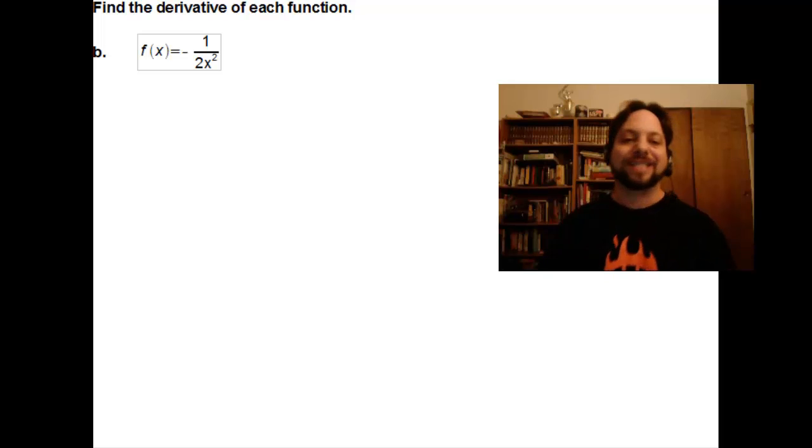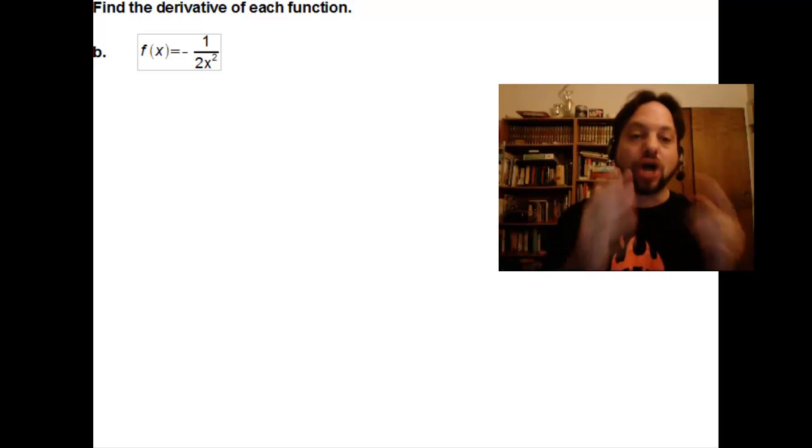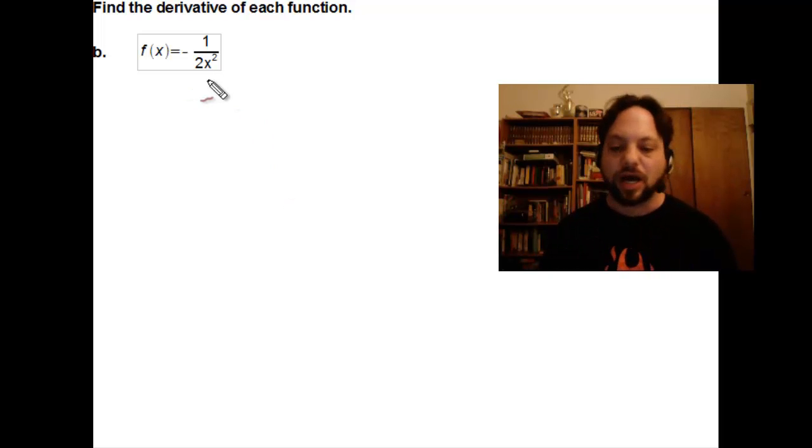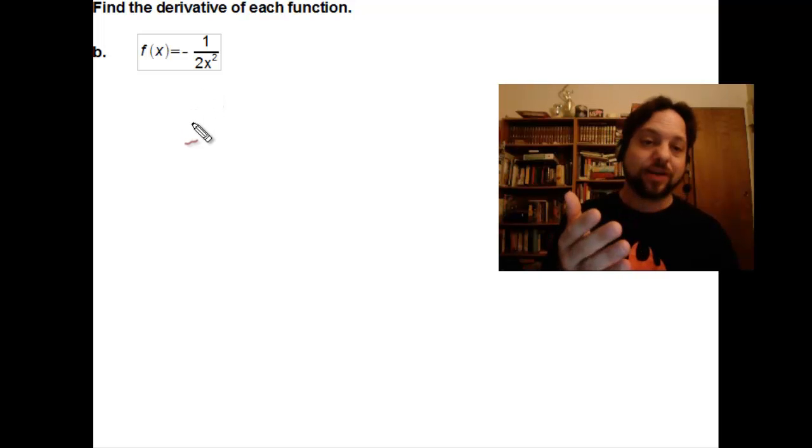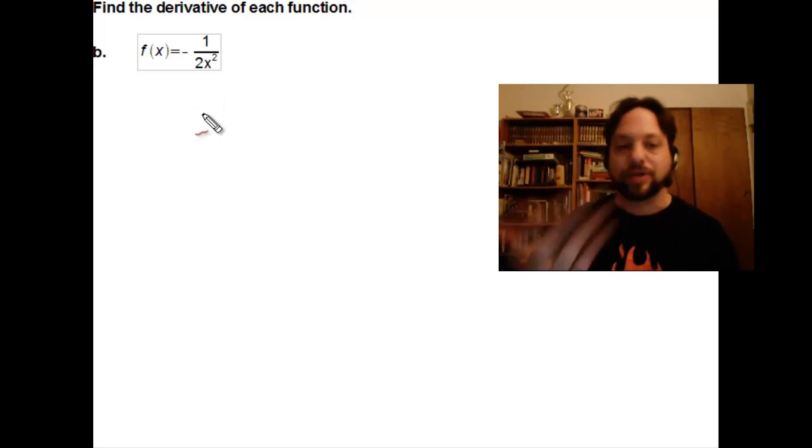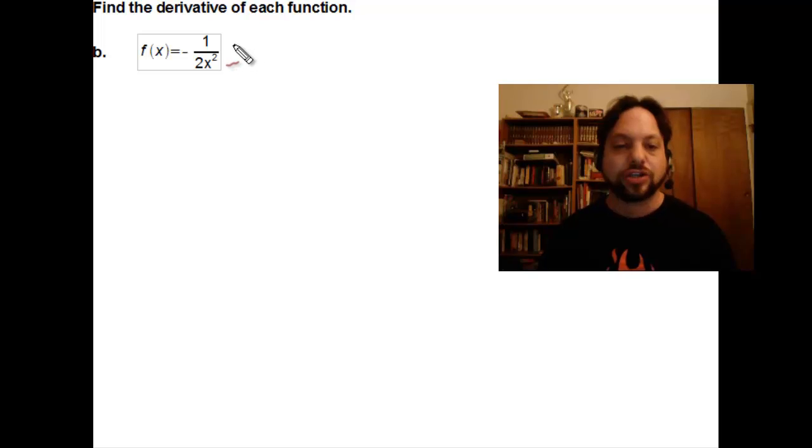Well, go back to that quick example that we did when we were talking about the basic rules. We noticed there that we had a negative exponent and we were able to handle it okay. So what we need to do here is rewrite this in a form where we can actually bring the variable to the top. And that would look something like this.